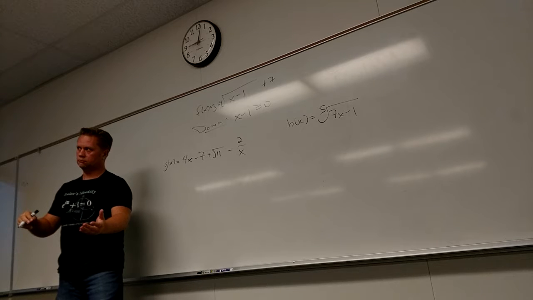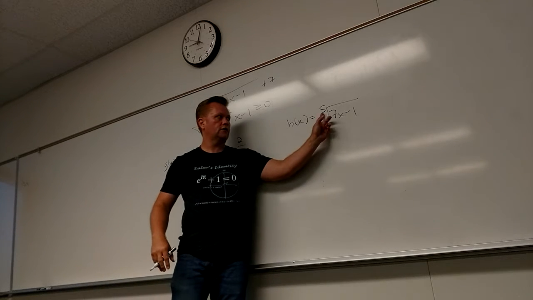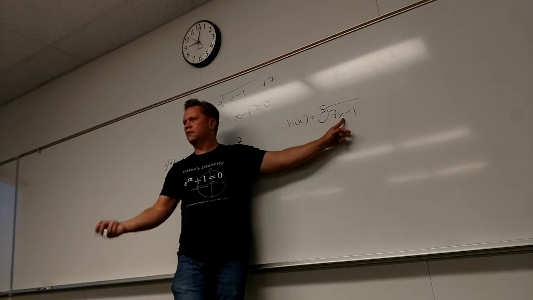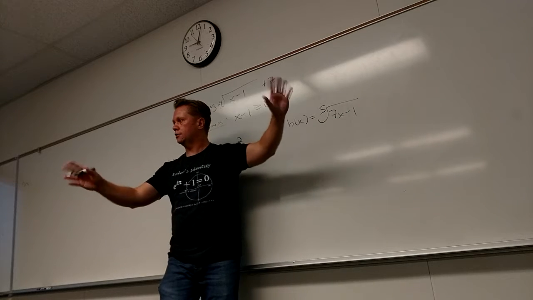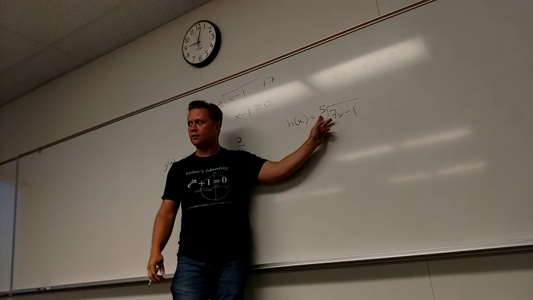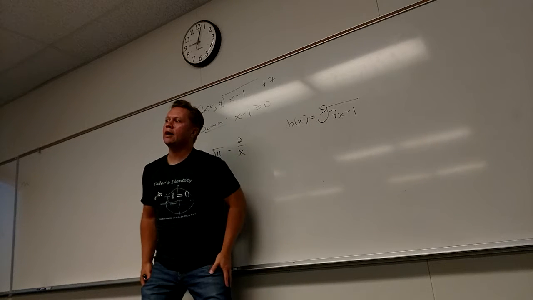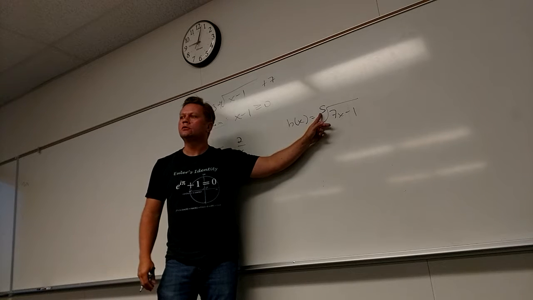So is 7x minus 1 an absolute value? No. I'm not saying to simplify it, because I can't take the fifth root of 7x minus 1. If it was to a fifth power, I could do something. And then I wouldn't need absolute values, because it's an odd root. What's the domain of this? All real numbers. Why? It's an odd root.